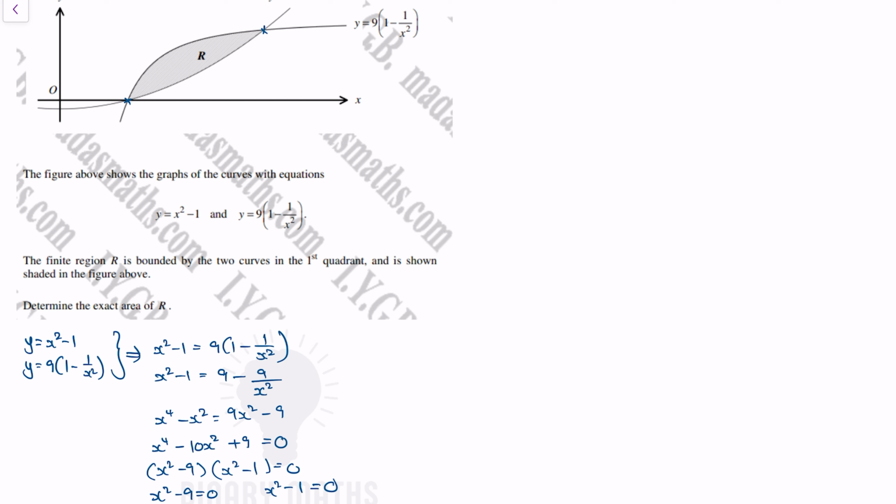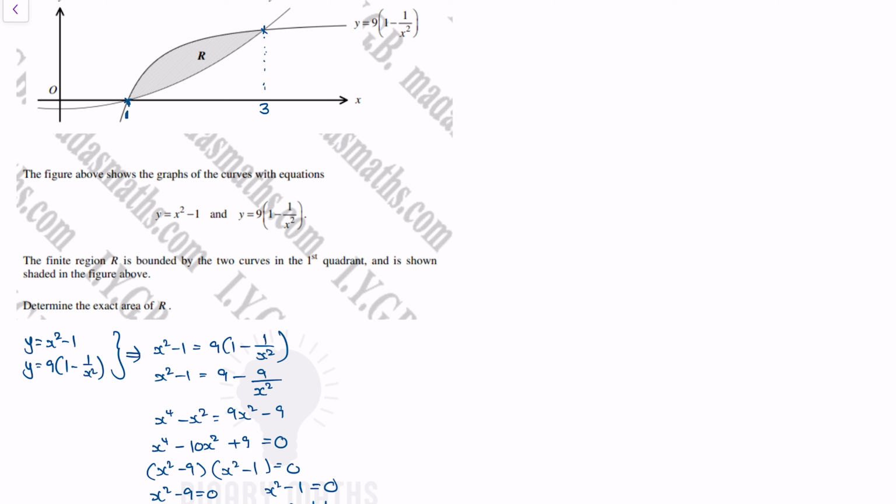Okay, which means that we get different values: x is equal to plus or minus 3 for this case, or x is equal to plus or minus 1. Now we know this is in the positive quadrant, so this is 1, positive x-axis, and that must be 3. So we're integrating between x equals 3 and x equals 1, so we want these ones.